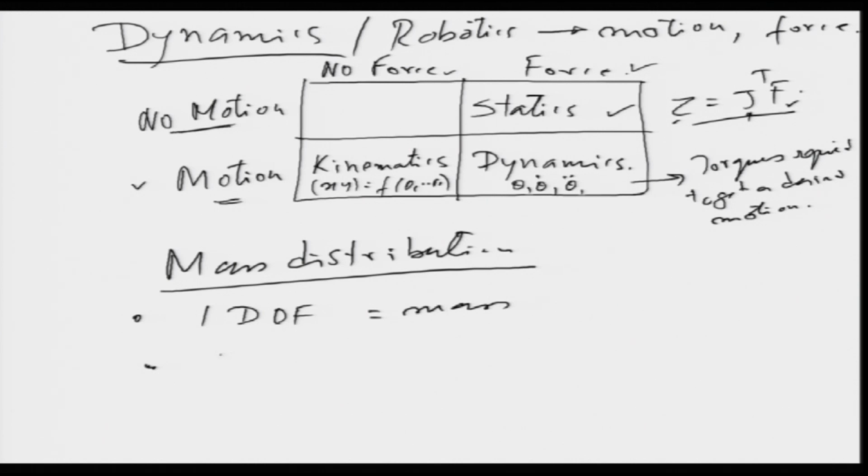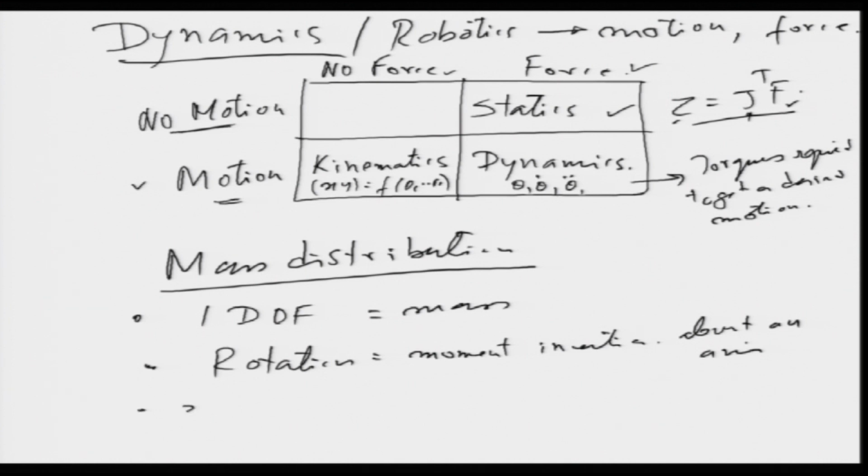So, in 2D rotations we can talk about the moment of inertia. When something is rotating, we can talk about the moment of inertia about an axis. But the moment you come to 3D objects, these can have rotation about any axis. For example, if this is a 3-dimensional object, then it can rotate about this axis, about this axis, or about any other axis.